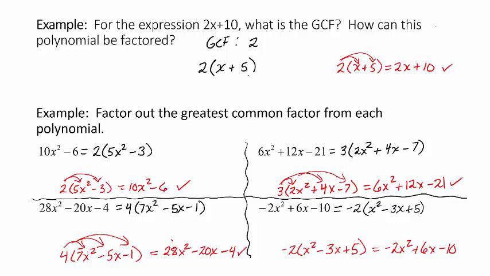When I pulled out the negative 2, all of the signs in the remaining polynomial are opposite what they were in the original polynomial, right? Like the x squared, all of a sudden that's positive, the middle term is negative, the ending term is positive. So that's what factoring a negative out will do, right? Because when you distribute it back through, it's going to change the sign on everything that's there.